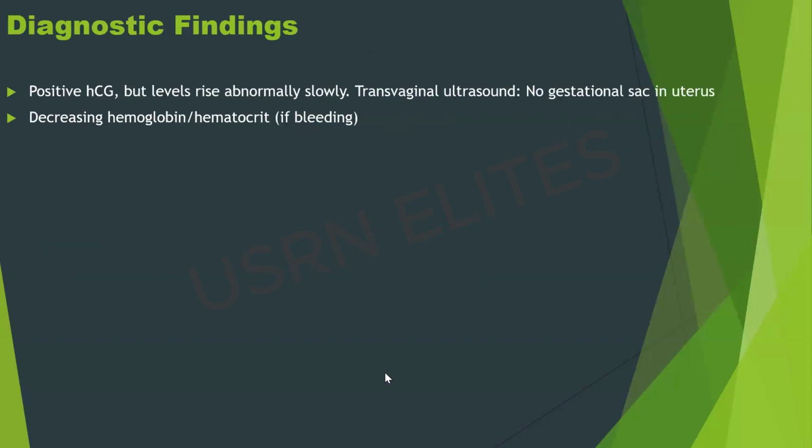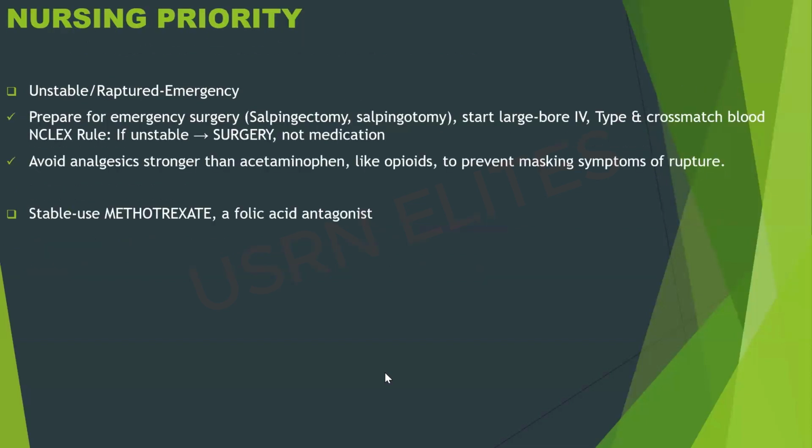All right. And once there is pain, definitely you are going to give pain medication, isn't it? But one thing is that with ectopic pregnancy, please take note, we never give any analgesic stronger than acetaminophen.